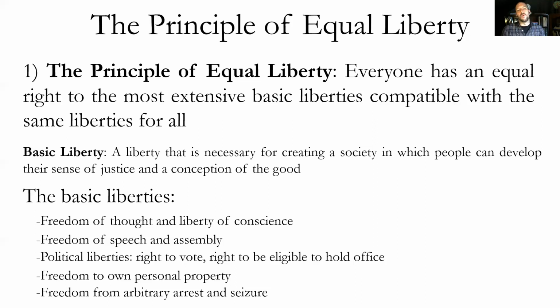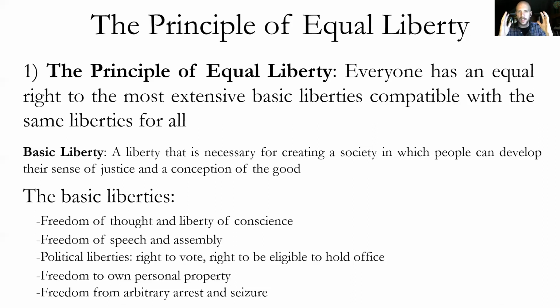Last thing that I want to mention is this bit about compatible with the same liberties for all, right? The most extensive basic liberties compatible with the same liberties for all. Essentially what he's getting at here is that our liberties and our rights, we should be granted as large a sphere of liberty as possible.